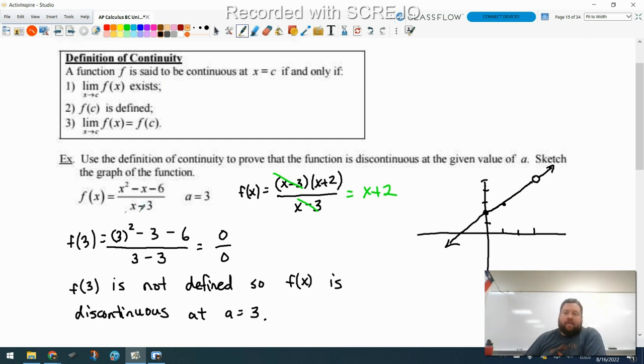Basically, anytime your denominator is equal to 0, you're going to fail this rule right here: f of c is not going to be defined. You don't have to worry about going into limits. Really, the only time the limit's not going to exist is, I guess, with an asymptote, but it would also be that f of 3 is not defined. So a lot of these have some overlap, where it could be multiple rules, and it's just whichever rule you figure out first that you go with.